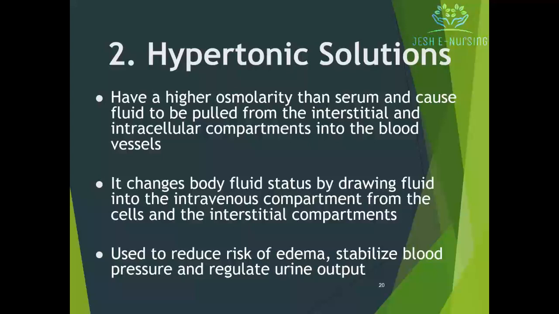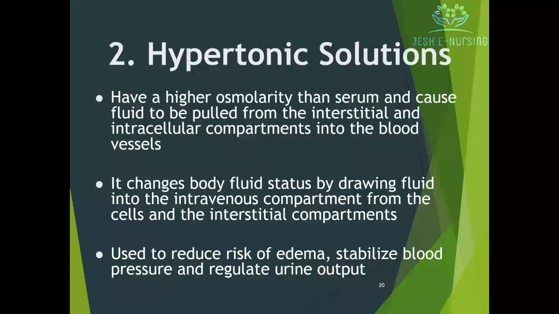Then the second type is hypertonic solution. These solutions have higher osmolarity than serum and cause fluid to be pulled from the interstitial and intracellular compartments into the blood vessels. It changes the body fluid status by drawing fluid into the intravascular compartment from the cells and the interstitial compartments.